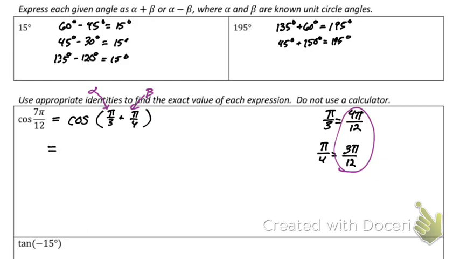All right, cosine. When you're adding angles or subtracting angles, it's going to be cosine, cosine, minus or plus, sine, sine. So cosine is always cosine, cosine, sine, sine. So we are going to have cosine of our alpha, which is pi over 3, times cosine of our beta, which is pi over 4.